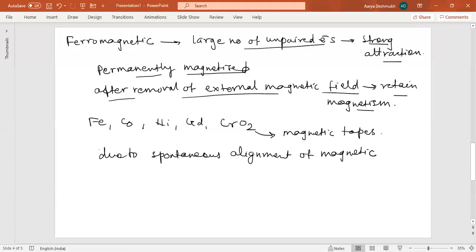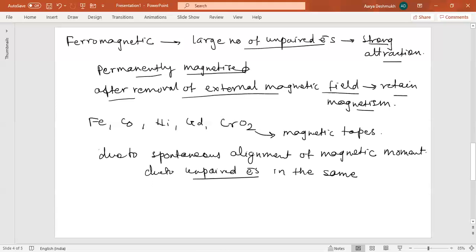It is the product of the distance between the poles and the strength of either pole, isn't it? So it arises due to the spontaneous alignment of magnetic moment, and this magnetic moment arises due to the presence of unpaired electrons, isn't it? So the unpaired electrons, and again magnetic moment arises due to unpaired electrons. Okay, so unpaired electrons should be there and in the same direction. So the direction is also same.